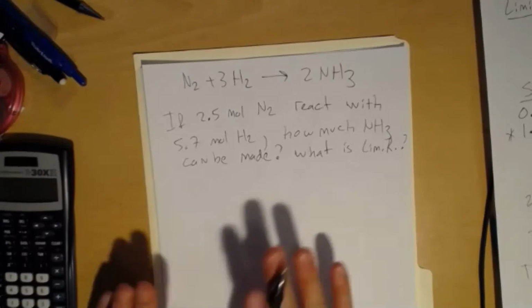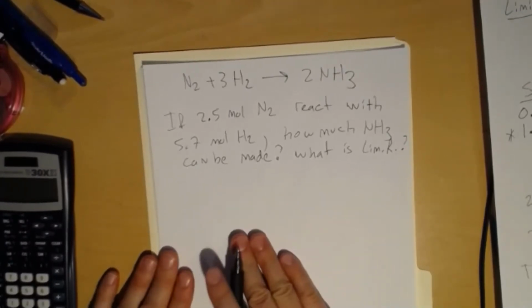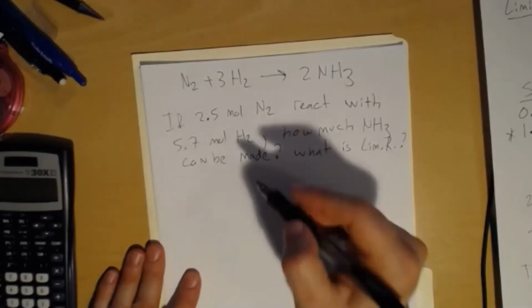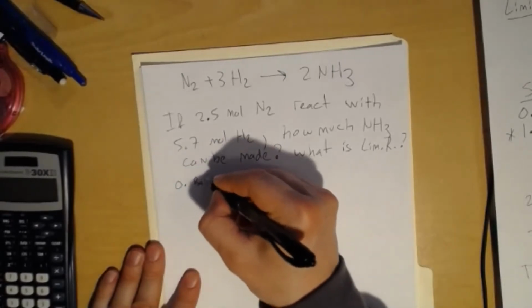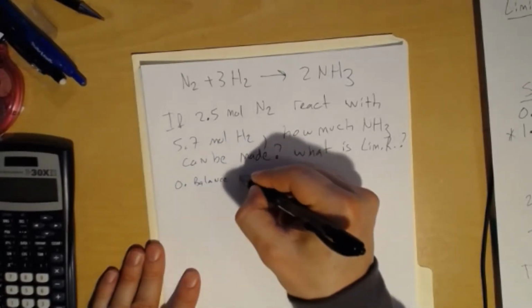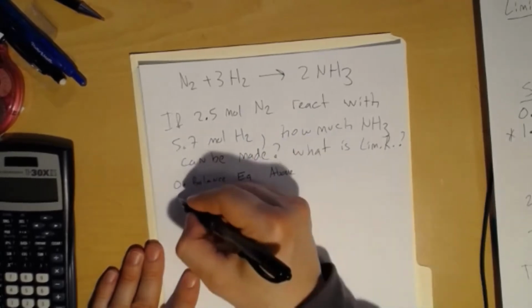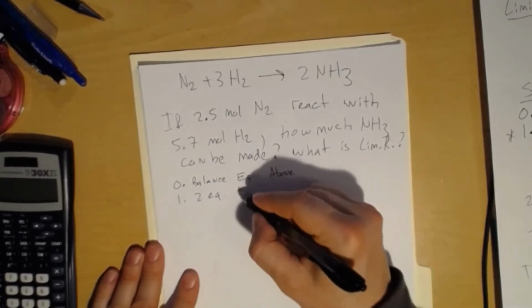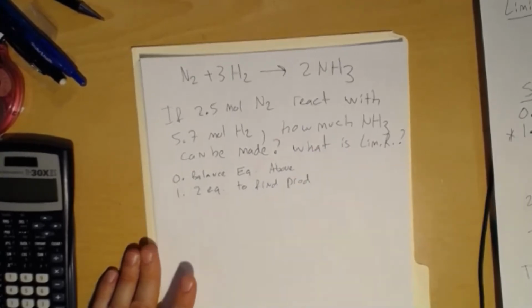All right. So this example is a little bit more simple, but we're just gonna go from moles to moles. So step 0, balanced equation. That's above. Step 1, 2 equations to find product. So here we go.